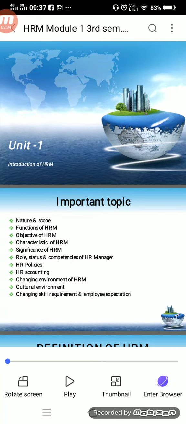Module one, third semester. Which points do we have to learn in the first module? I have explained the syllabus of your first module.